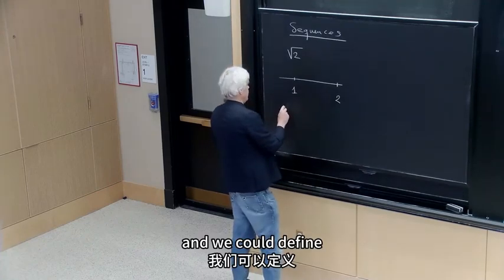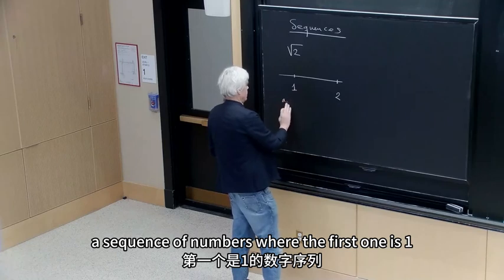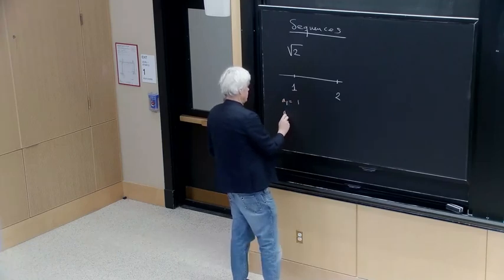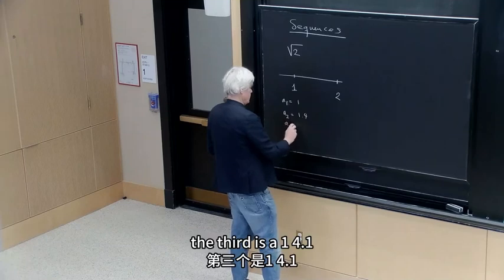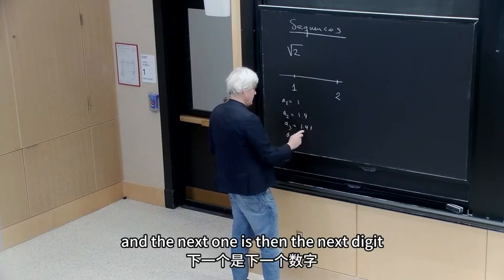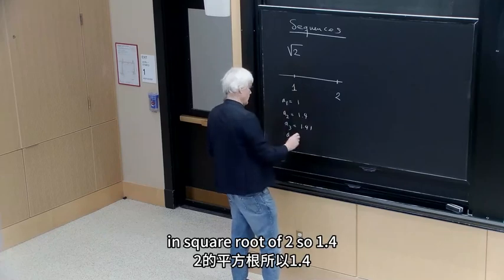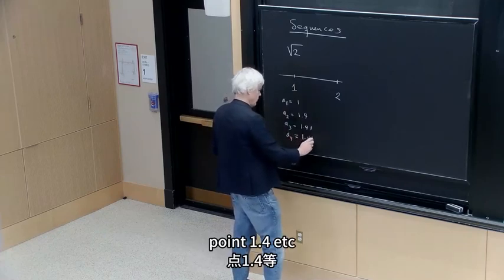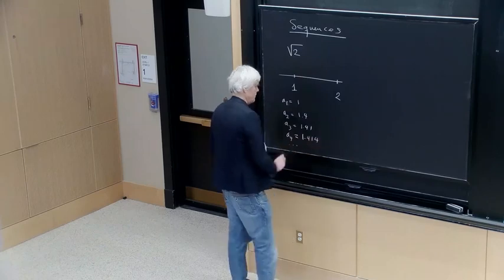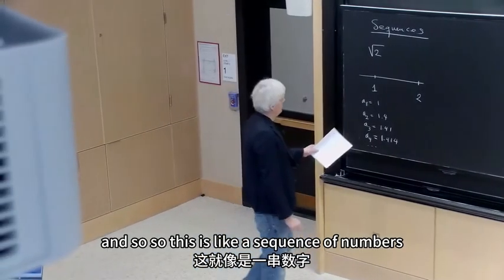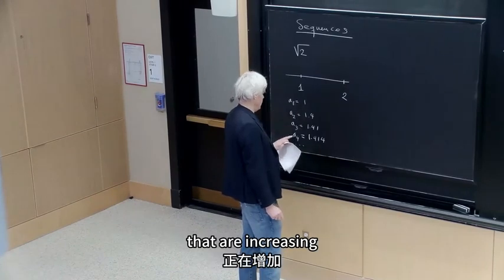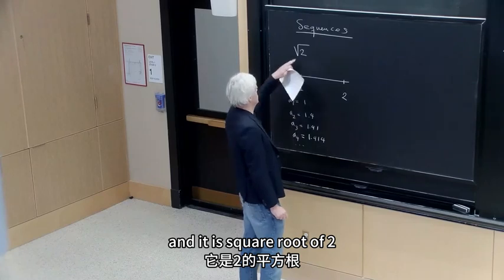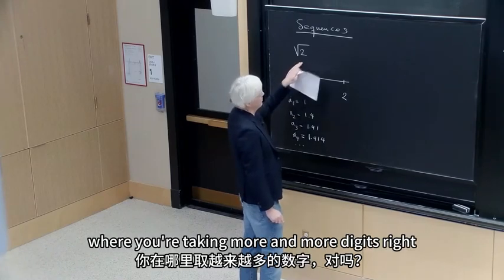And we could define a sequence of numbers where the first one is 1, the second one is 1.4, the third is 1.41, and the next one is then the next digit in square root of 2, so 1.414, etc. So this is a sequence of numbers that are increasing, and it is square root of 2 where you're taking more and more digits.